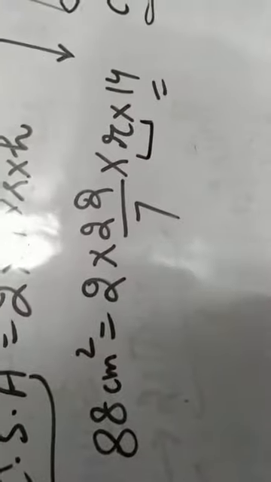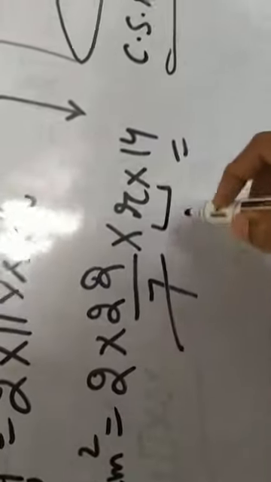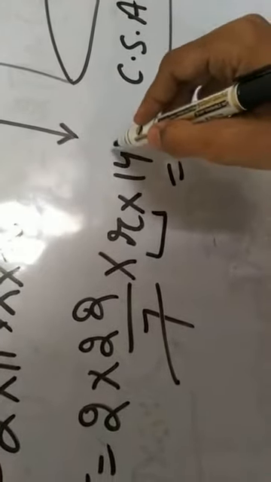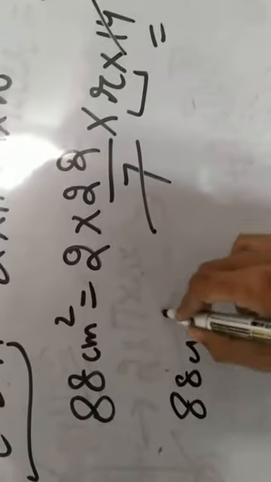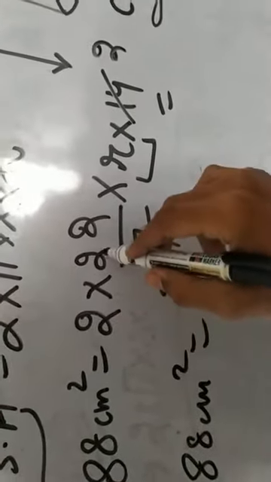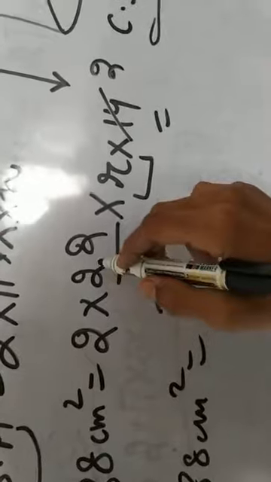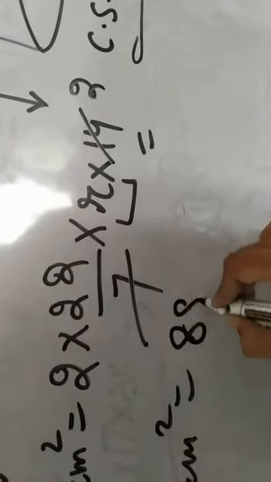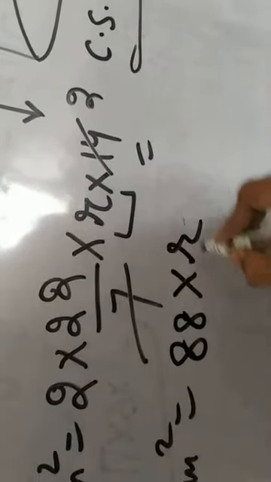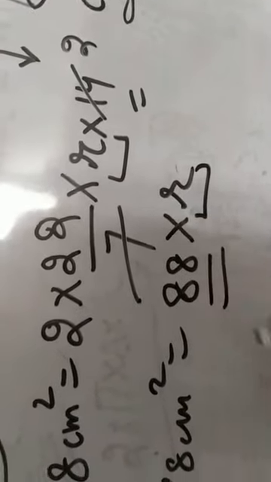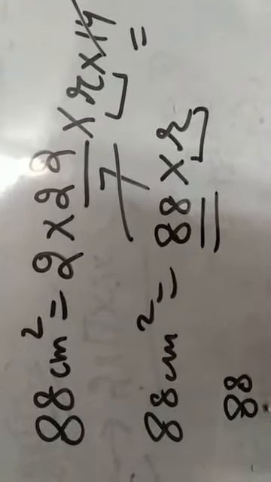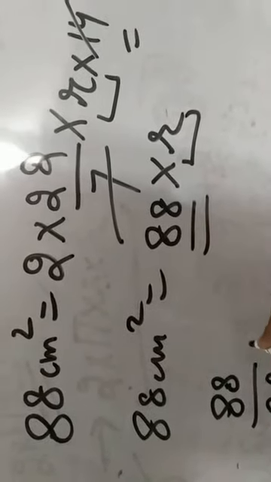So after cutting, 7 ones are 7 and 7 twos are 14. So 88 centimeter square is equal to 2 into 22 is equal to 44, 44 into 2 is equal to 88, 88 and r. So we divide by this value.